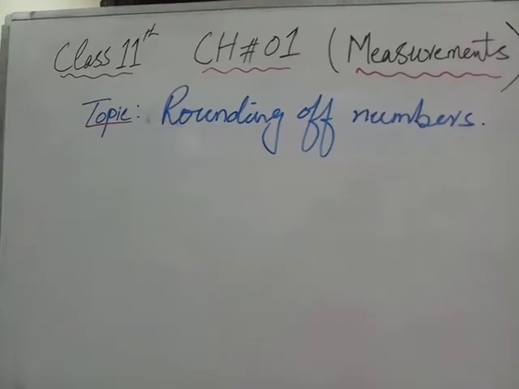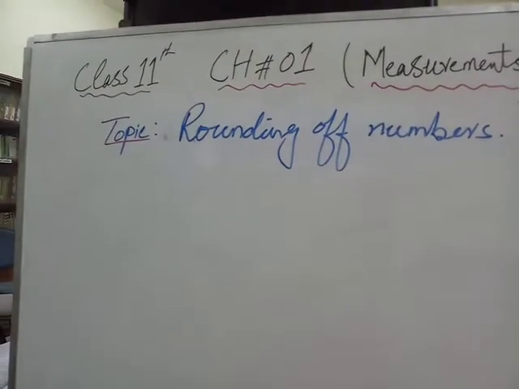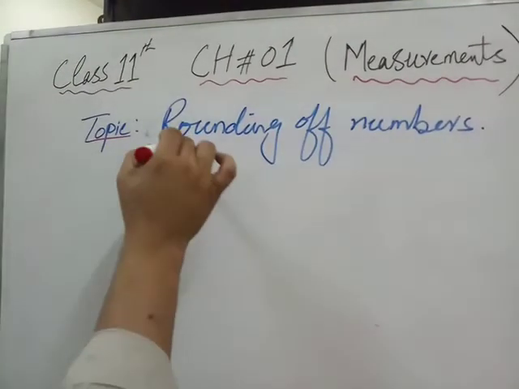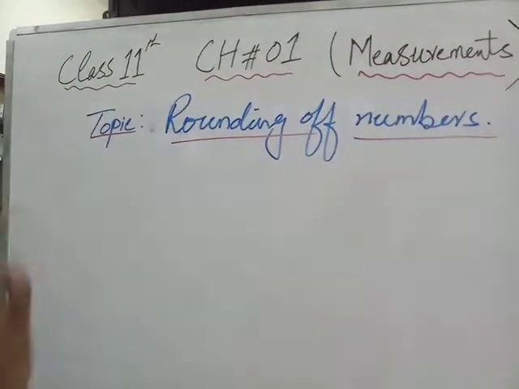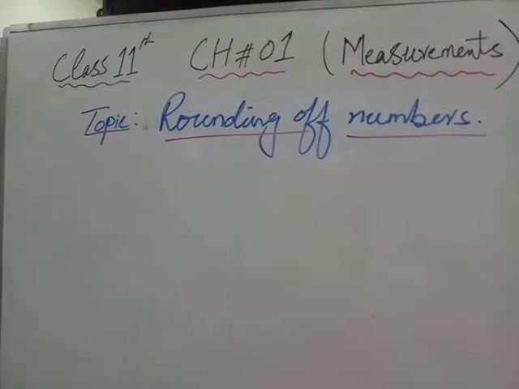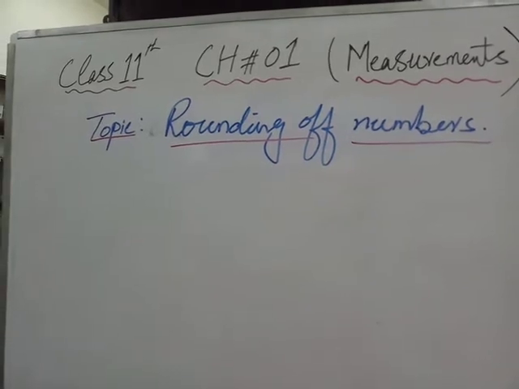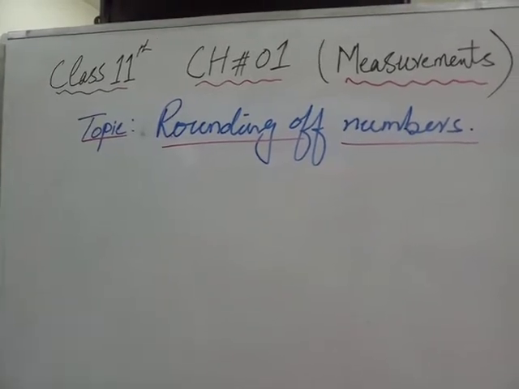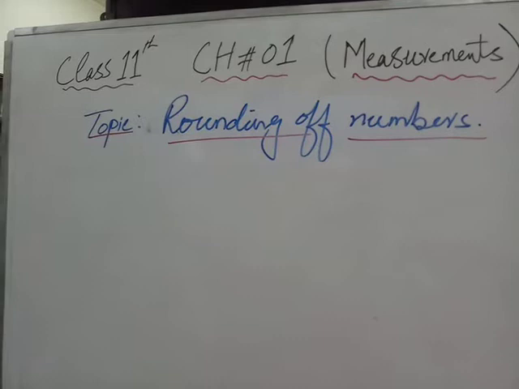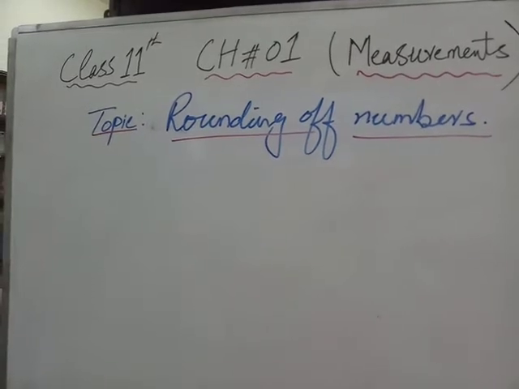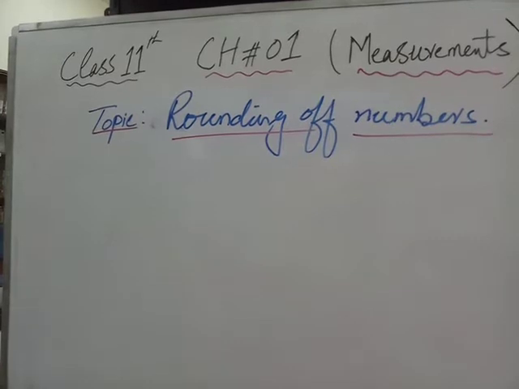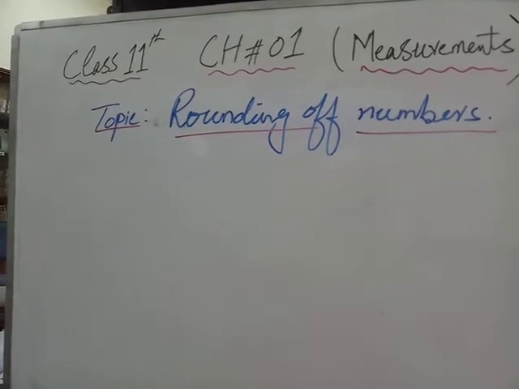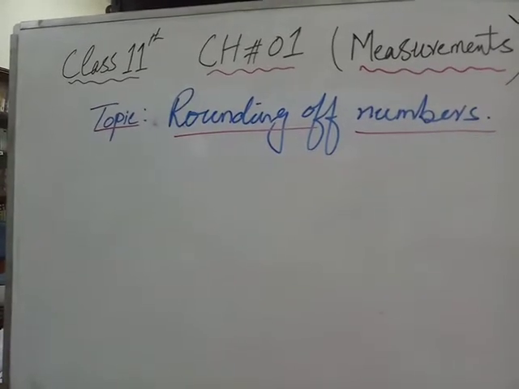Students, now I am proceeding towards a new topic, which is rounding off numbers. This is a simple topic, but in physics or in measurements, the quantities are always rounded off to a certain level, or we can say to significant figures.